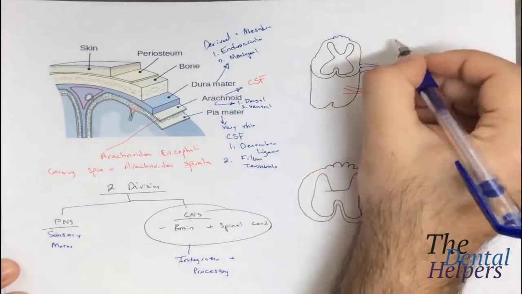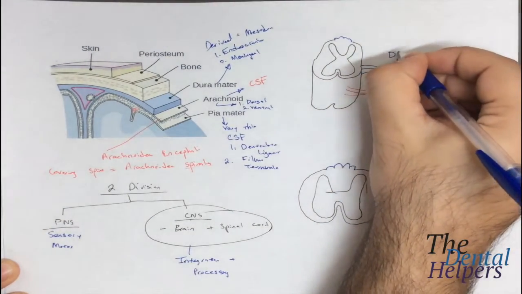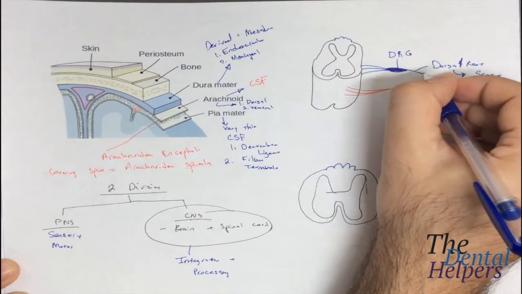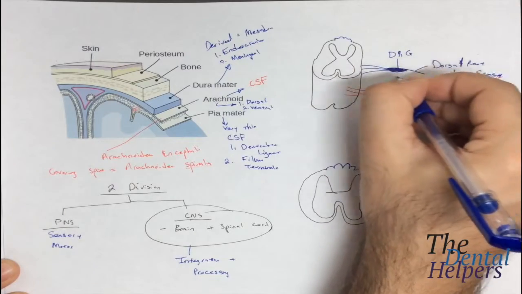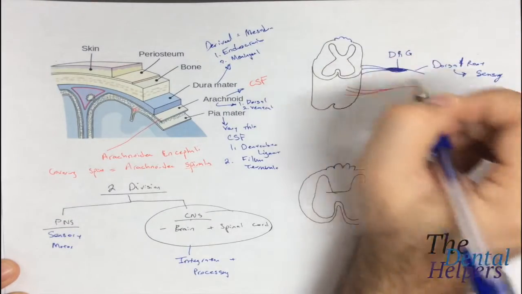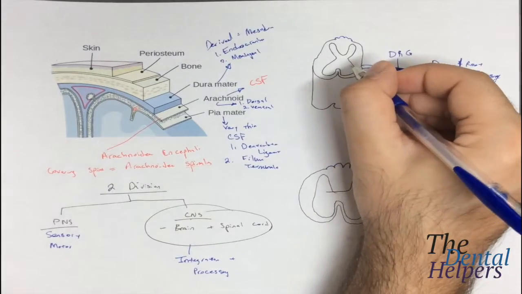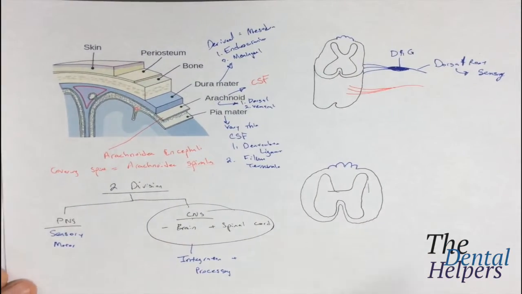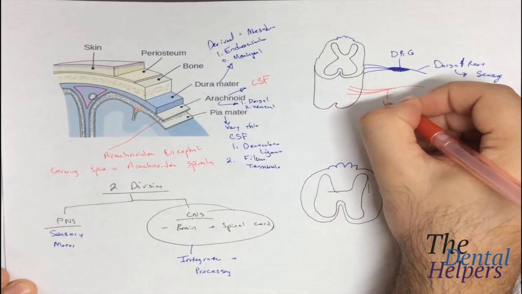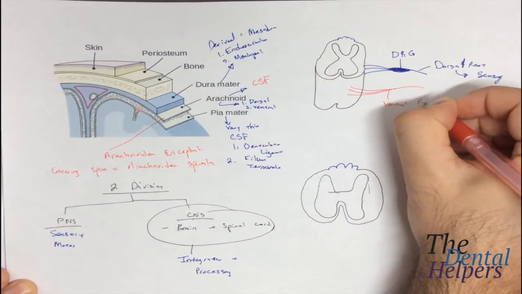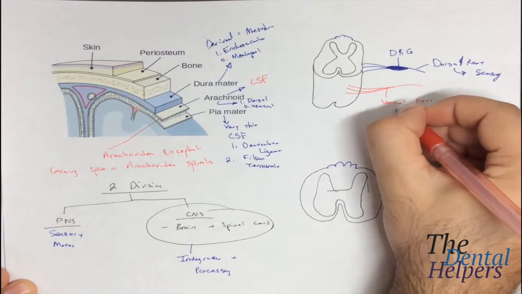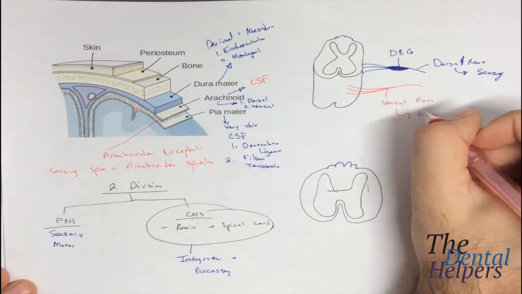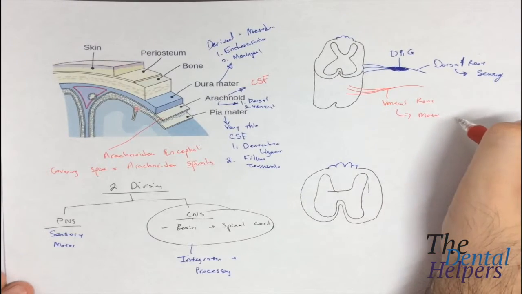And then the processing is the dorsal root ganglia. So the dorsal root takes in the sensory information, it's going to enter the dorsal root ganglia, and from there it's going to go into the spinal cord and transmit to the brain. The ventral root, on the other hand, which is in red, is going to be for motor. And this allows the motor neurons to exit the spinal cord.